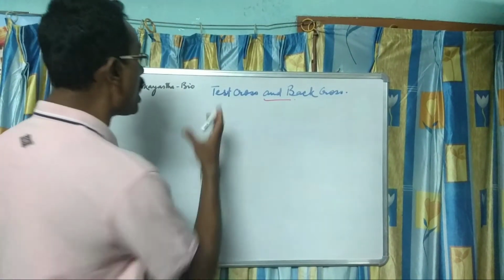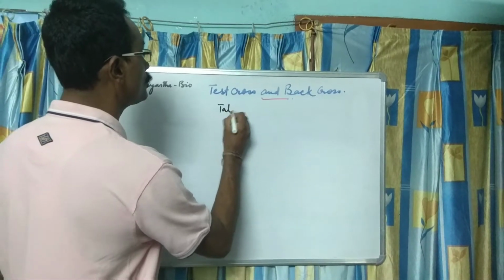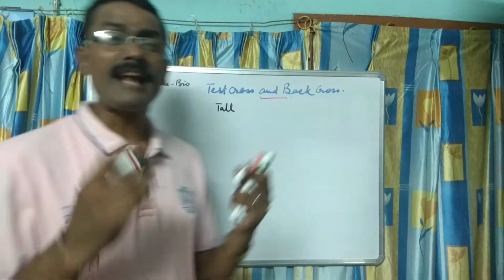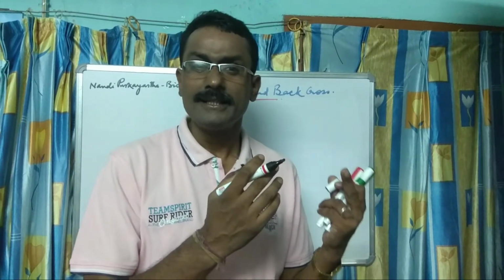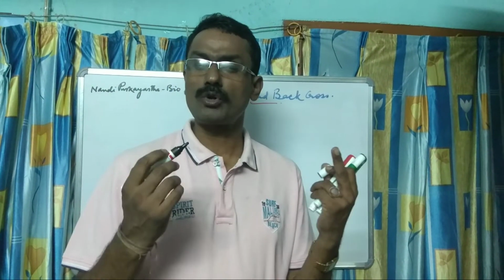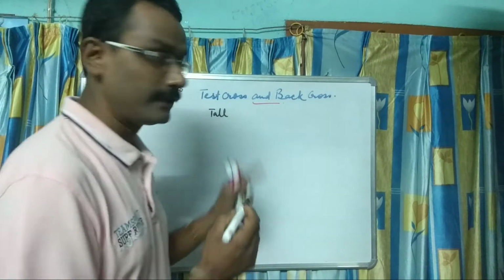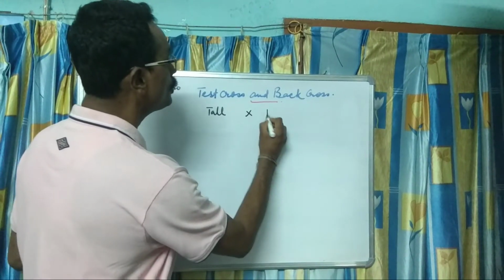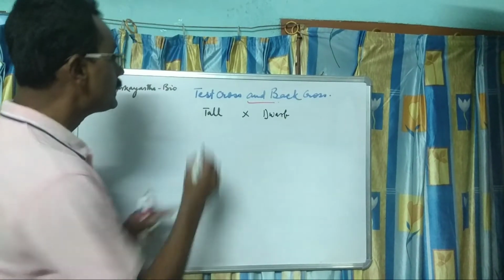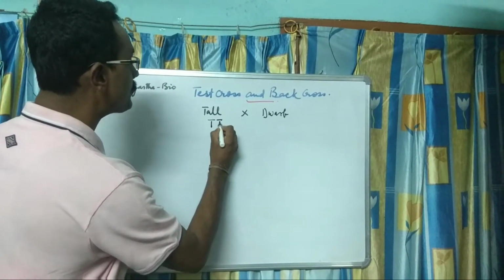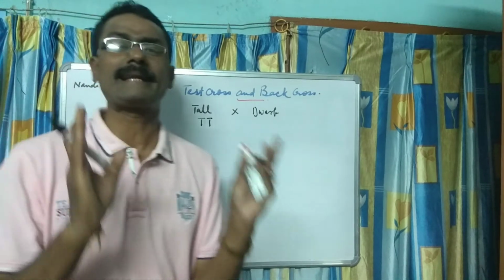Suppose tall, we have taken height as a pair of character. So height has two contrasting characters. Tall is crossed with what? Dwarf. Capital T, capital T. This is the parental character.